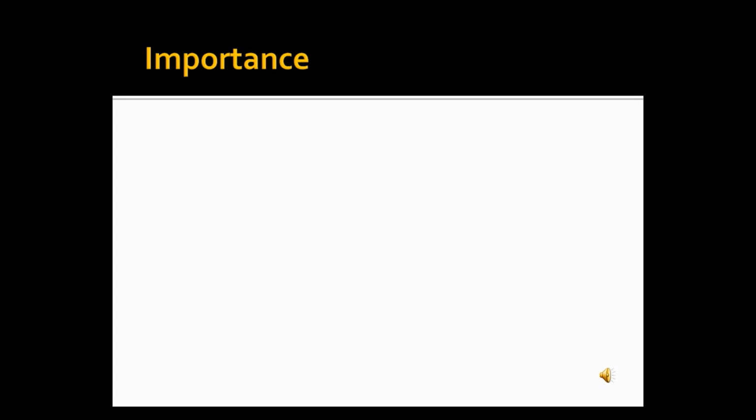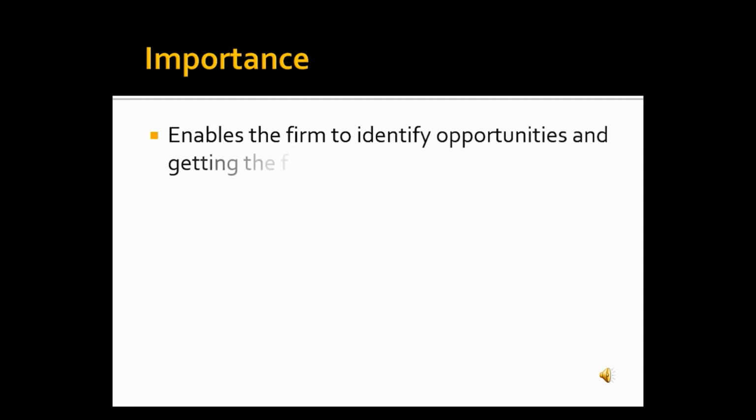First point, it enables the firm to identify opportunities and get the first mover advantage. What is meant by opportunities? Opportunities refer to the positive external trends that help an enterprise to improve its performance.